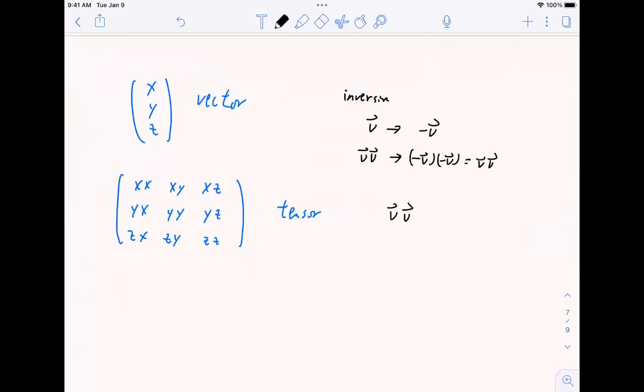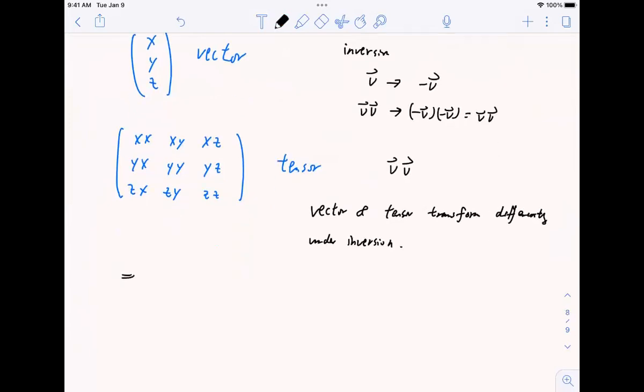So vector and tensor transform differently under inversion.